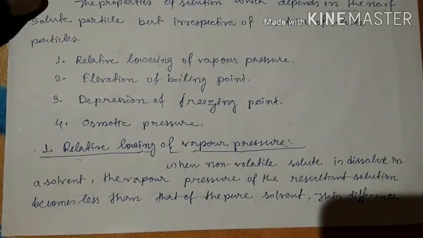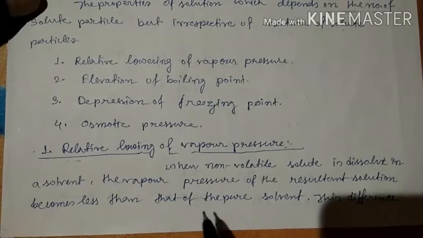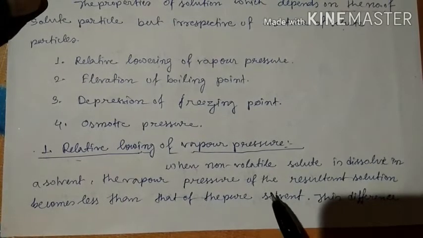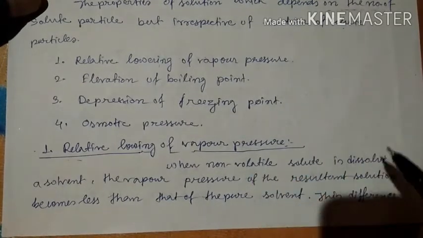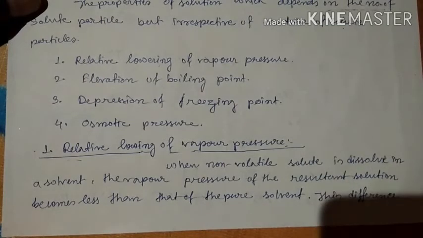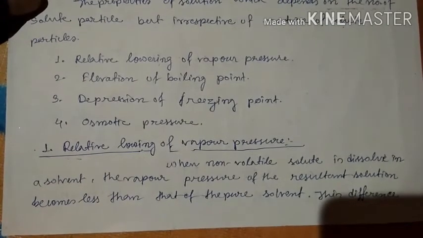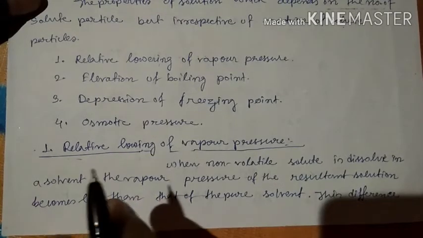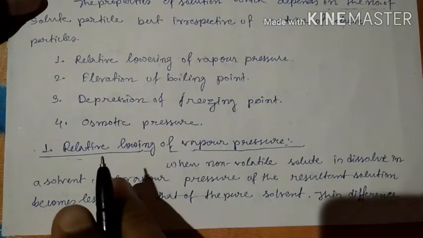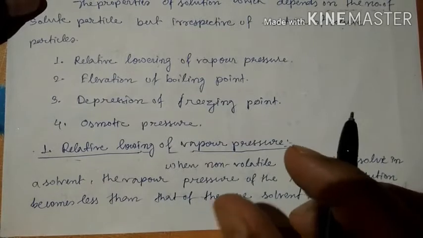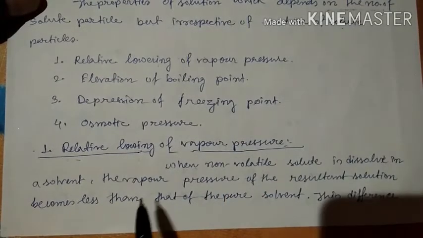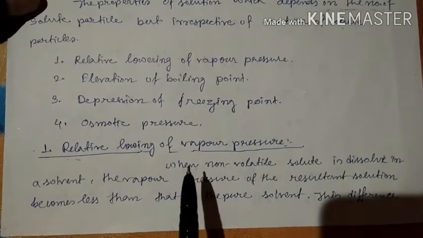Suppose one container has pure solvent, and in another container some solute is dissolved in the solvent. Due to the solute added from outside, the vapor pressure decreases.